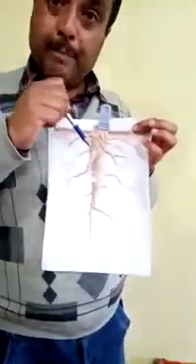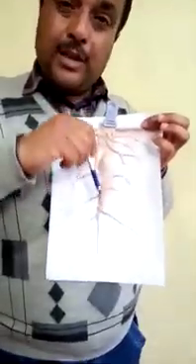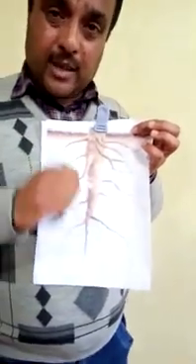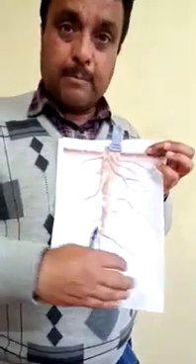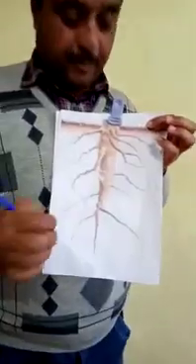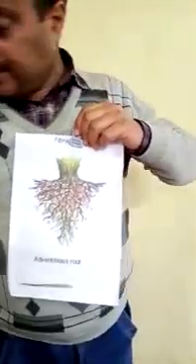In the case of perennial plants, this main root is found deep under the earth's surface. It goes somewhat deep, so this root system is mainly a deep feeder. Then we have one more type, that is called the adventitious root.